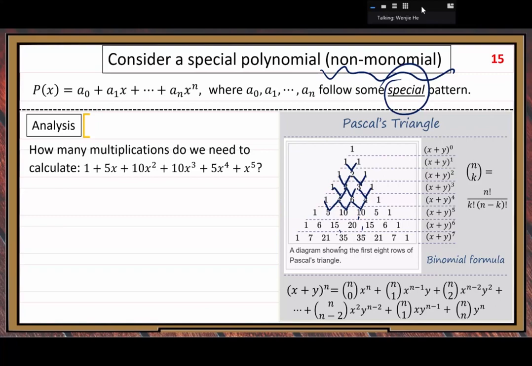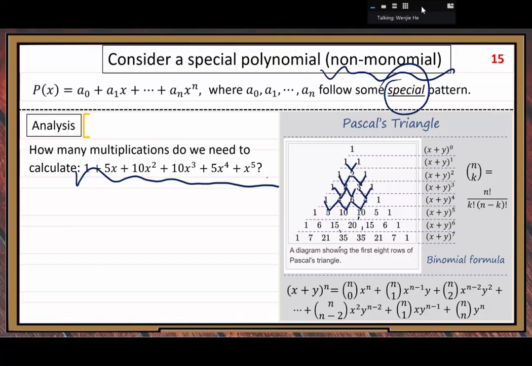Here, I give you a special polynomial, not a general polynomial. And its coefficients have a special pattern. Here, we need to take advantage of the special pattern. 1, 5, 10, 10, 5, 1.